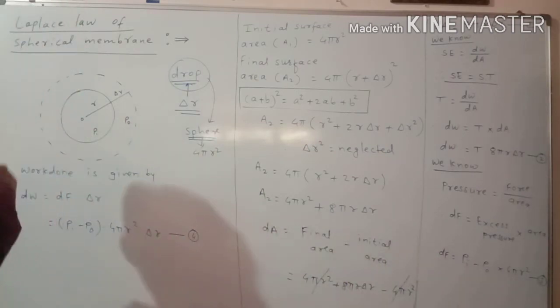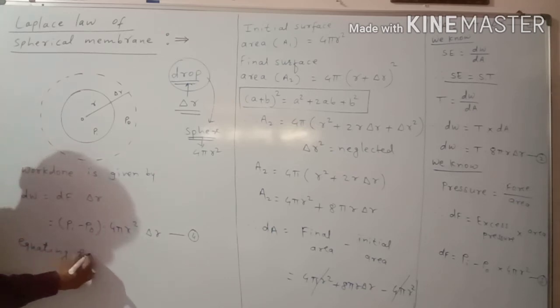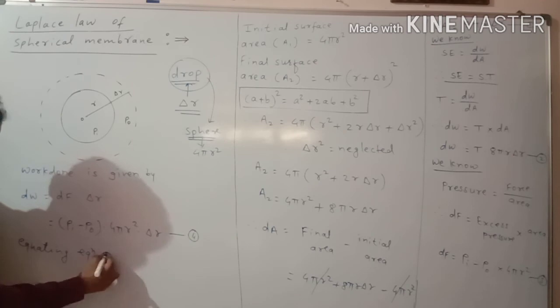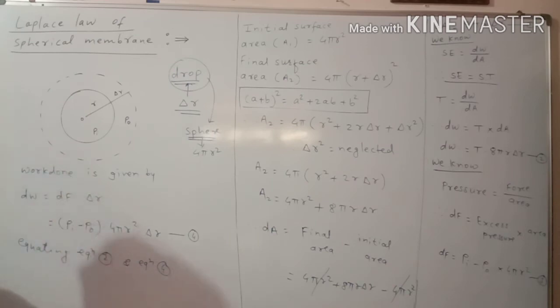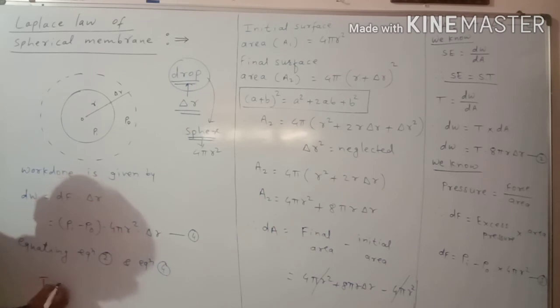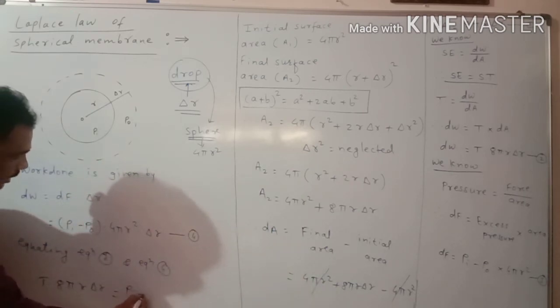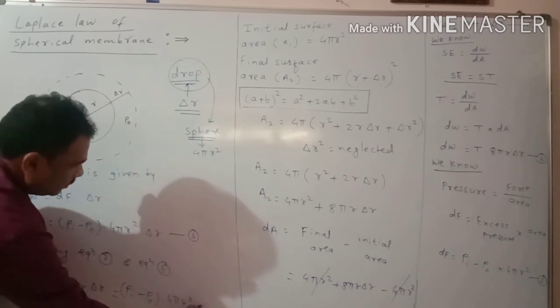After equating these two equations, that is equation 2 and equation 4, we get T into 8 pi r into delta r is exactly equal to Pi minus P naught into 4 pi r square into delta r.